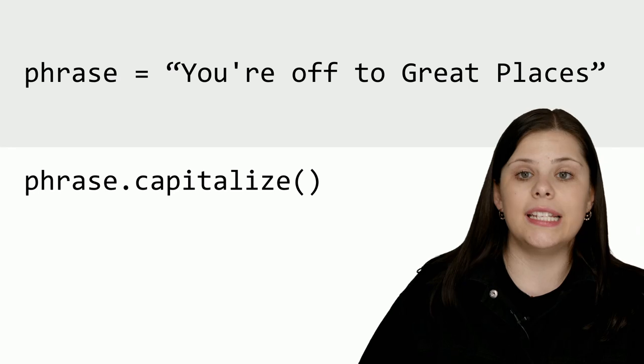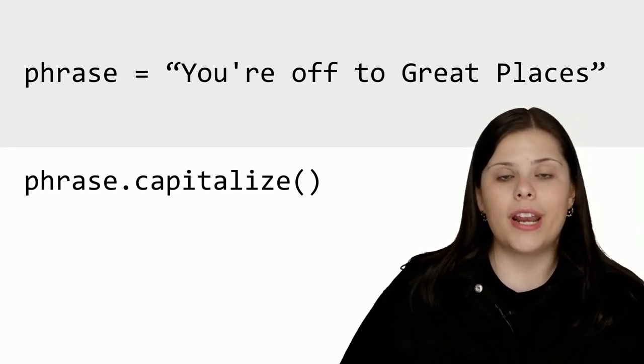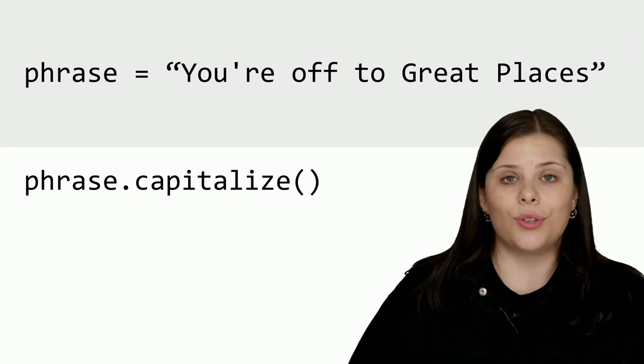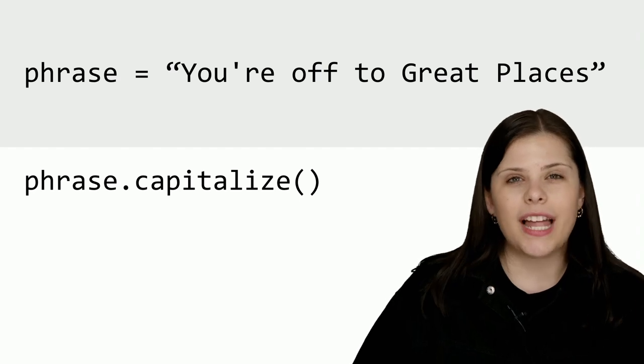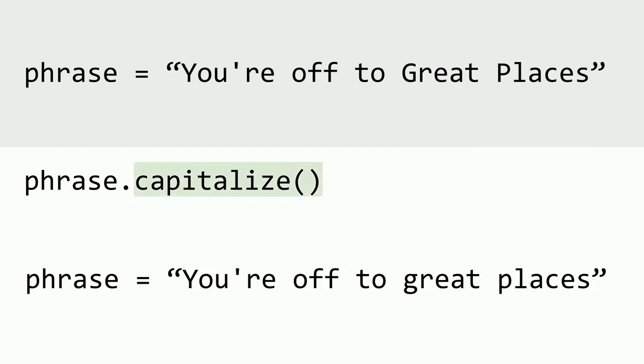Well, what are some other tools that we have in our toolkit now? One of the other ones is capitalize. What that one will do is grab the first letter of your string and capitalize just that one letter, leaving all the other ones lowercase. So note that before we had G and P uppercase, but now after applying the capitalize method, only Y is capitalized.